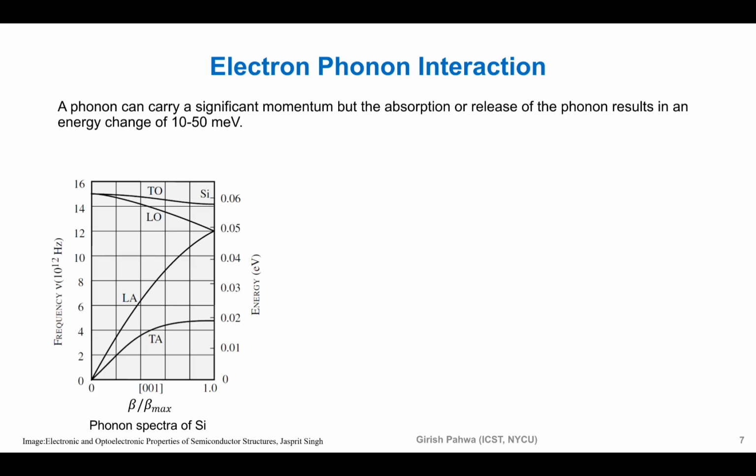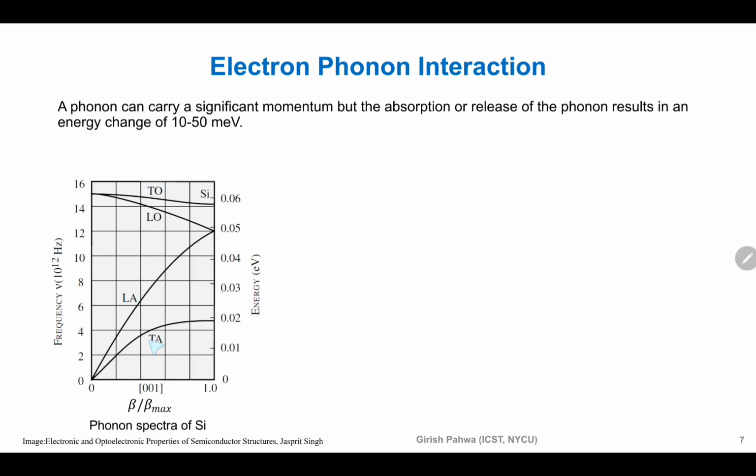If the atoms are moving like this, it's a transverse wave. Both types of waves can exist in a lattice. Depending upon what kind of mode you have, transverse or longitudinal, you can have different branches. This branch and this branch are for longitudinal, and this branch and this branch are for transverse.